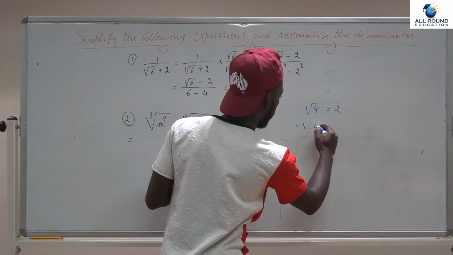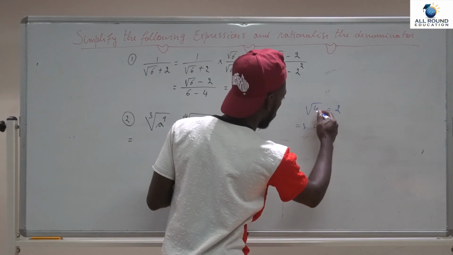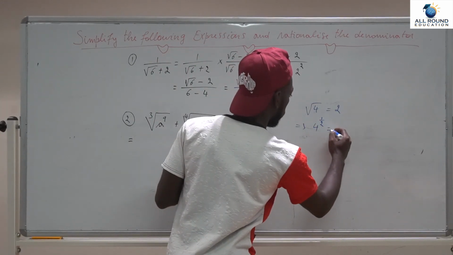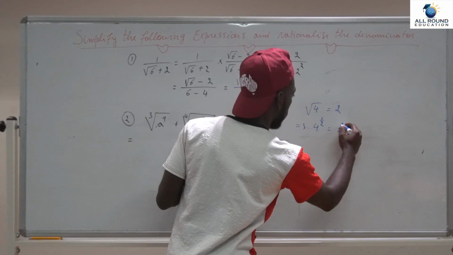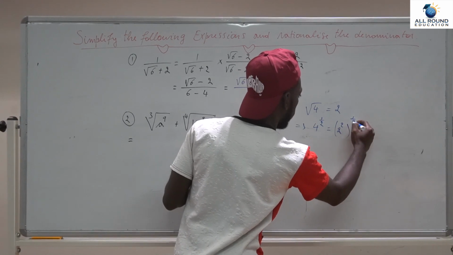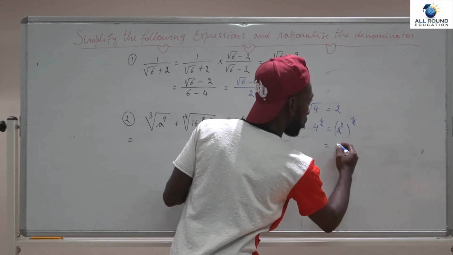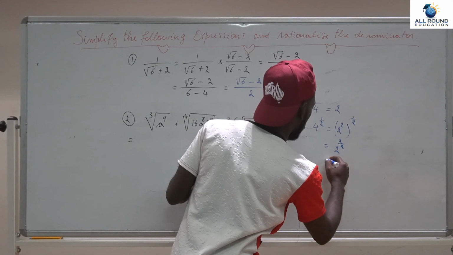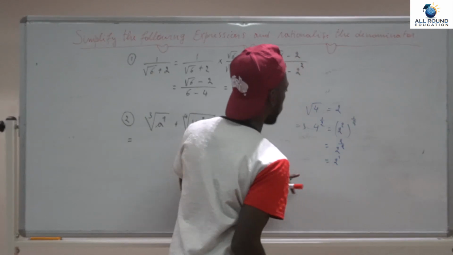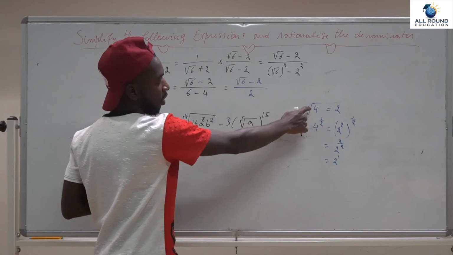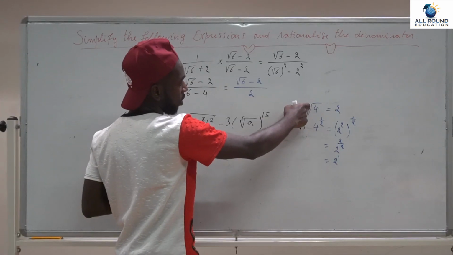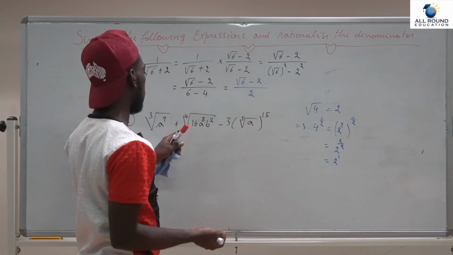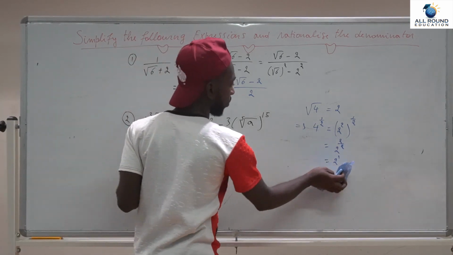It's 4 to the power of 1 on 2, which is equal to 2 squared to the power of a half, which is the same as 2 squared to the power of 2 on 2, and 2 on 2 is just 1, so it's 2 to the 1. So that's the idea: wherever there's no number here, we assume that it's 2, the root 2. But whenever they put numbers, that becomes different.